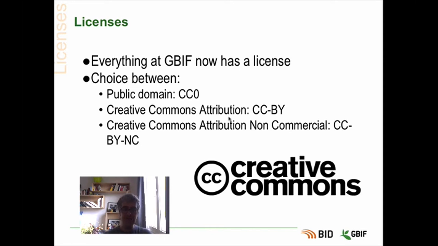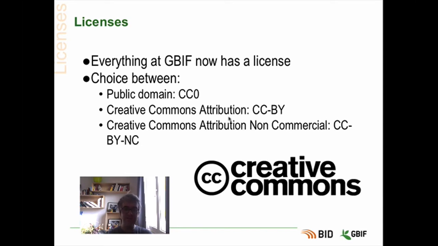A long process took place. But now it's done since 2015. When you publish a dataset at GBIF, you will have to choose between three licenses, and you have to choose one, and it's mandatory now.